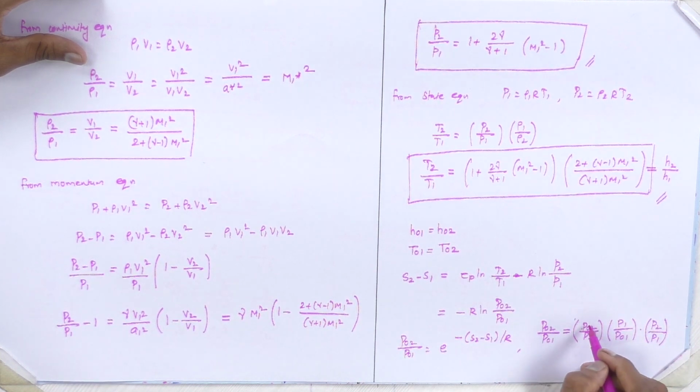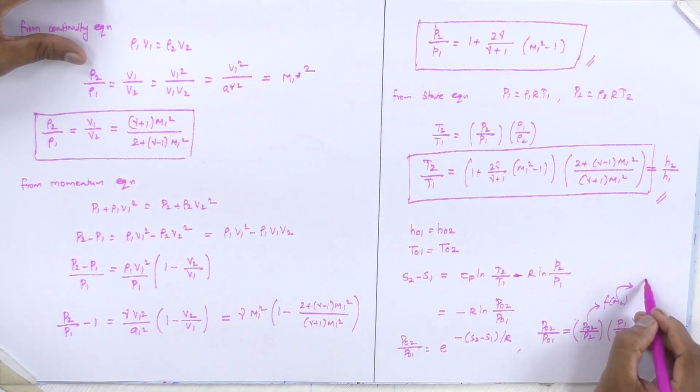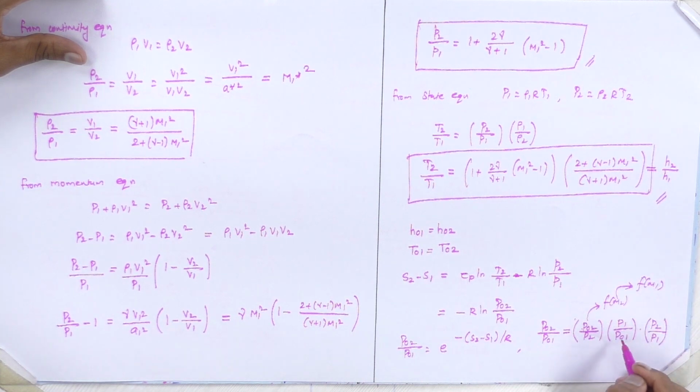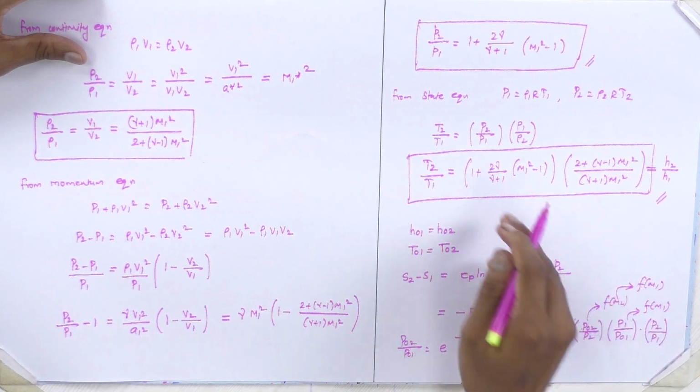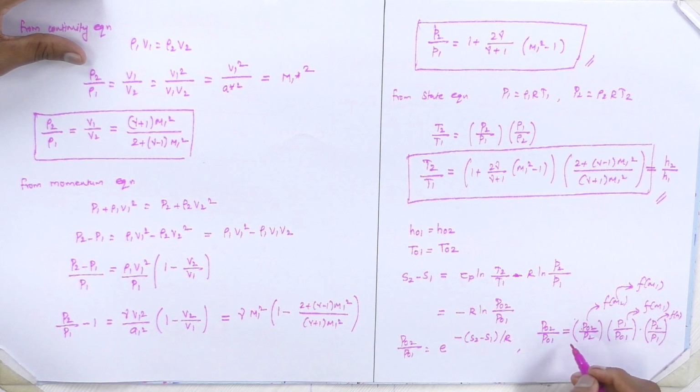This will be a function of M2. Here M2 will be a function of M1, and P1 by P01 is a function of M1, and P2 by P1 also we represented as a function of M1. So all are a function of M1. So P02 divided by P01 will be a function of M1.